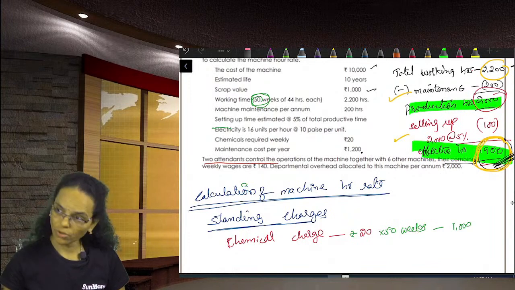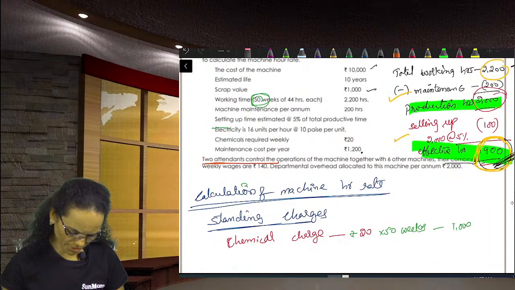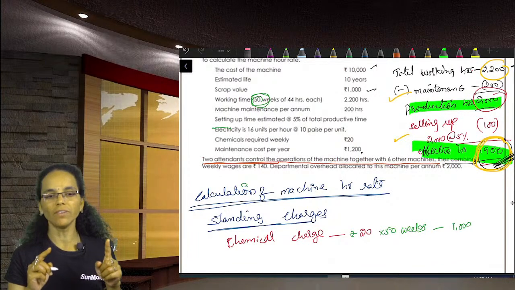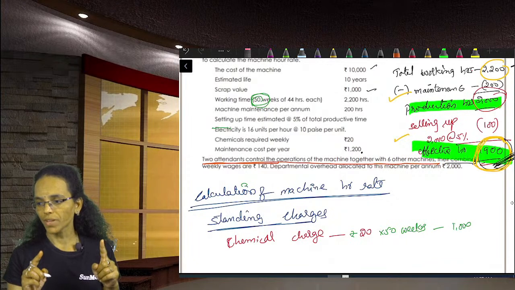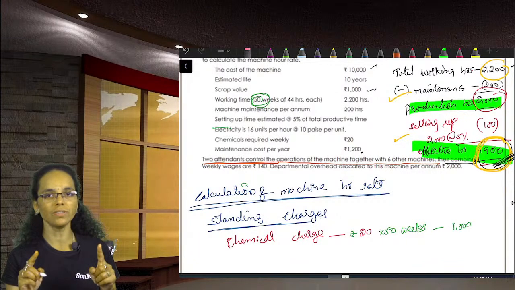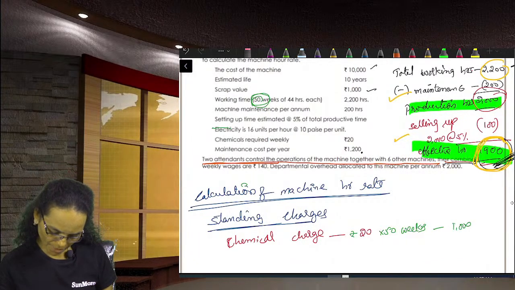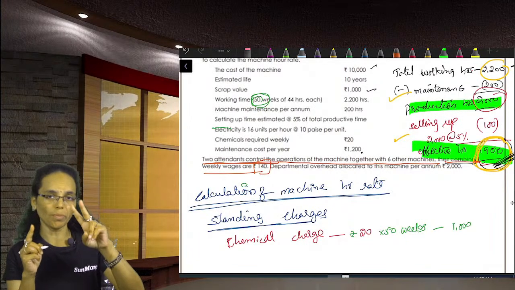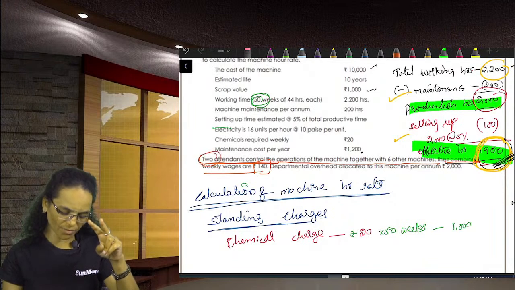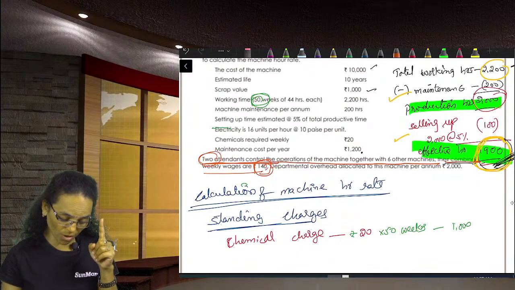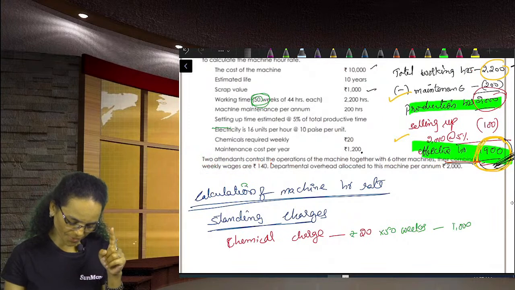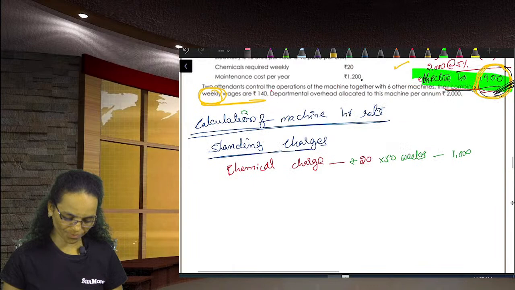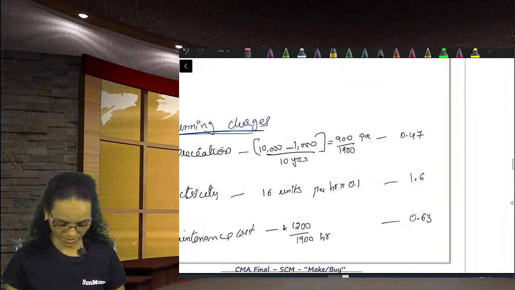Next, two attendants control the operations of the machine together with 6 other machines, which means we have 7 machines in total. Their combined weekly wages are 140 rupees. Two people are working, and for them we pay 140 rupees weekly. We have 50 weeks and 7 machines.